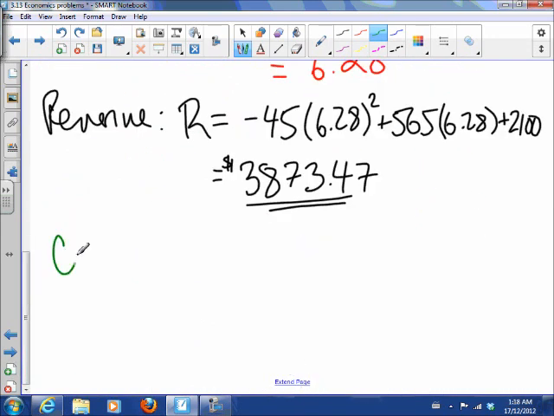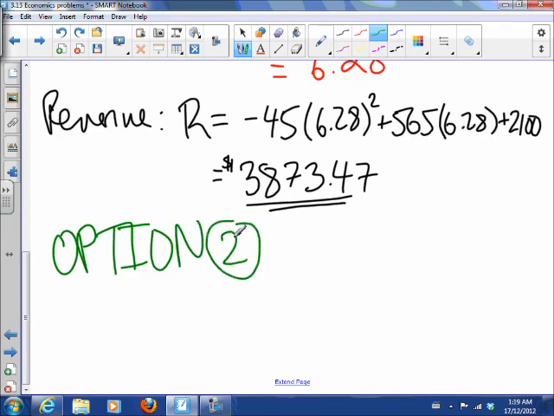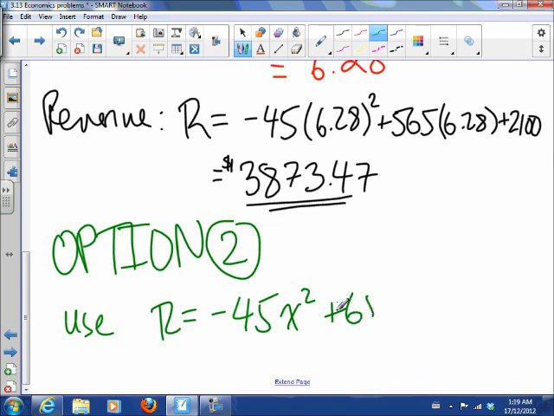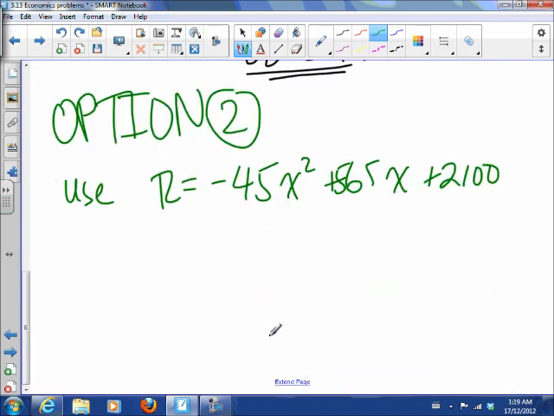So we can use the standard form: -45x squared plus 565x plus 2100, right?